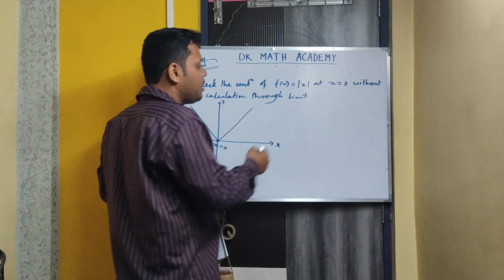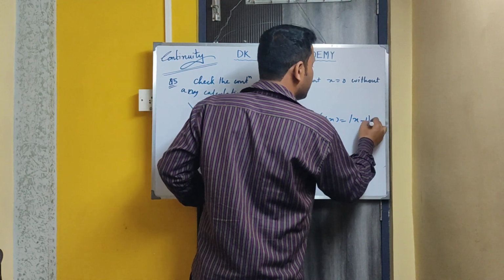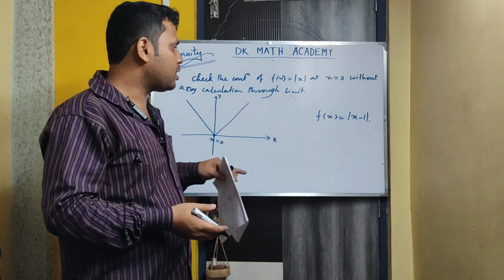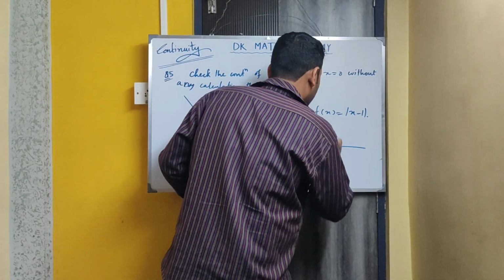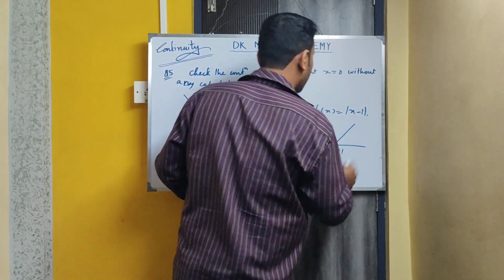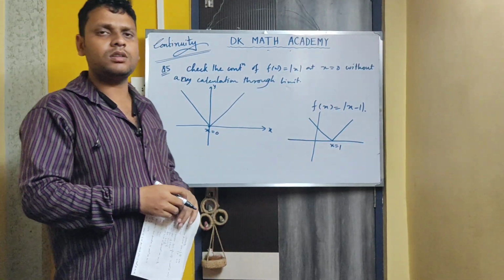If you are given f(x) equals mod x minus 1, suppose, what will be the continuity at the point x equals 1? The graph will be, this is suppose x equals 1, then the graph will be this. The function is continuous at the point x equals 1.